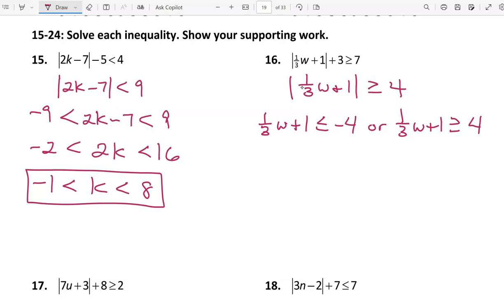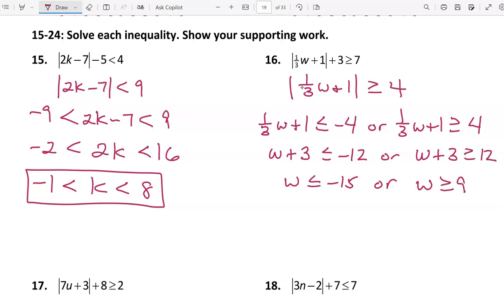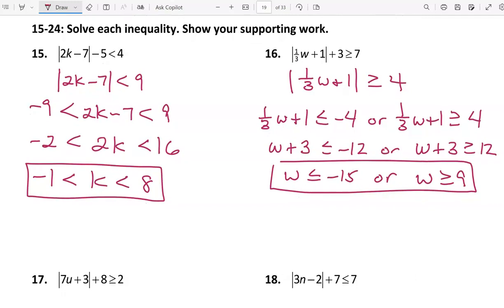Let's solve each inequality separately. I'm going to multiply each term by 3 in order to clear those fractions, and then subtract 3, bring down my or, and then for the second inequality, again multiply by 3, and then subtract 3. And our solution set is the disjoint set. W is less than or equal to -15, or W is greater than or equal to 9.